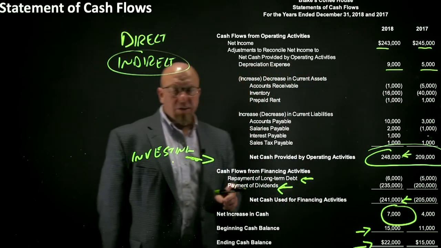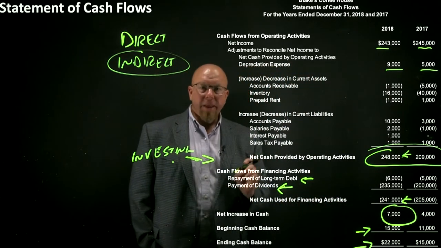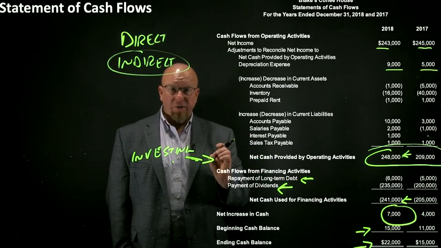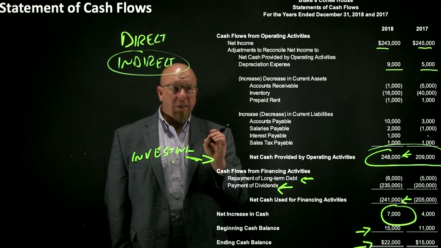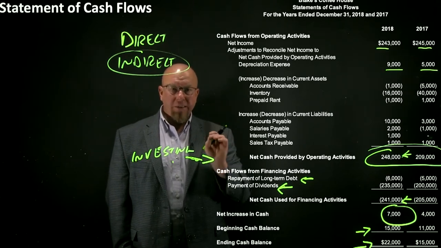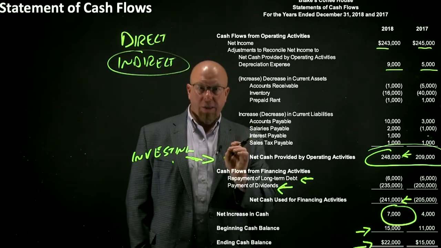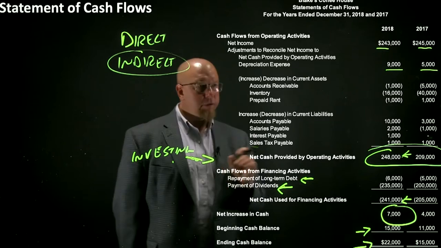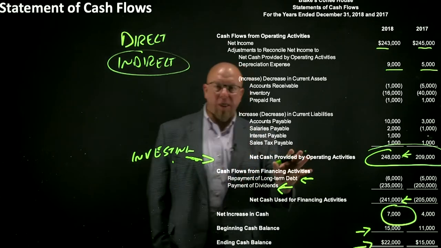We'll look at those relationships in a few minutes, but understand that a lot of financial statement users look to the statement of cash flows to get insights regarding this lifeblood of the organization. An organization cannot survive without cash. You need cash to pay your employees, to pay your suppliers, to pay your rent, all those types of things.